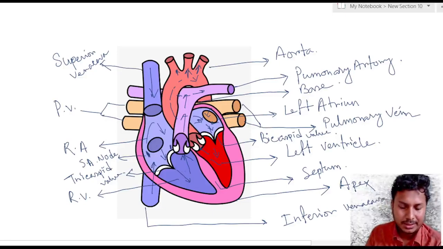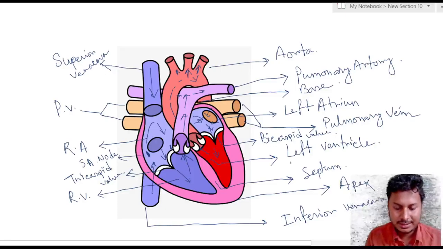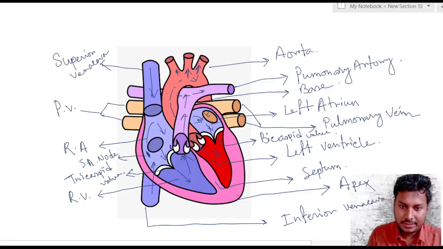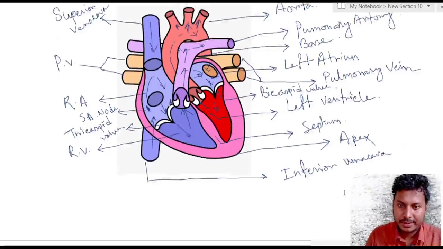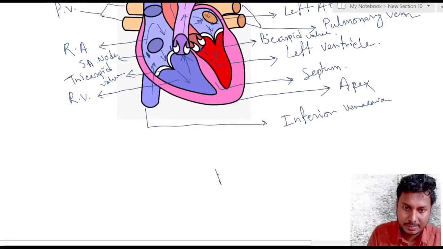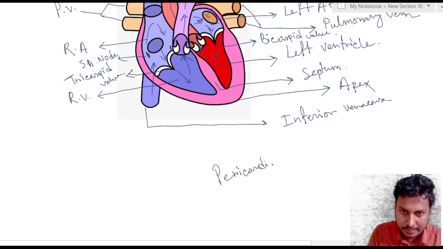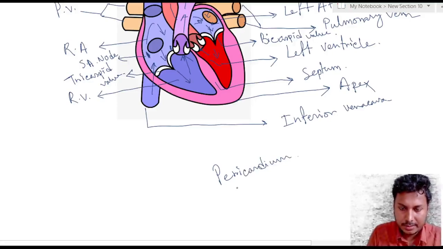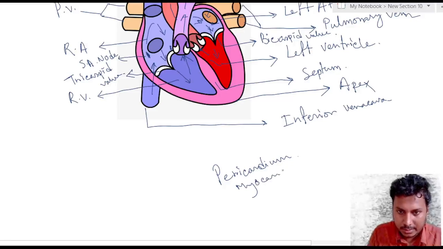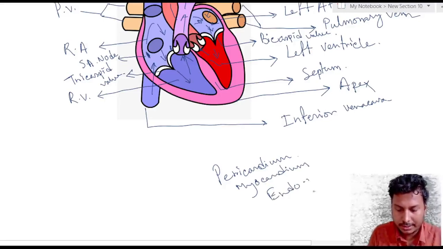The heart has three thin membranous layers on the outside. The outer layer is the pericardium, then the myocardium, and the endocardium.